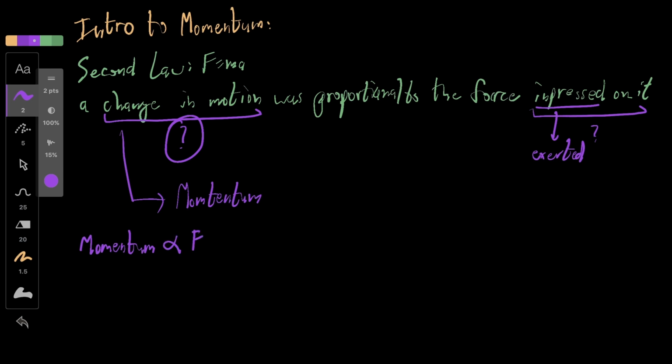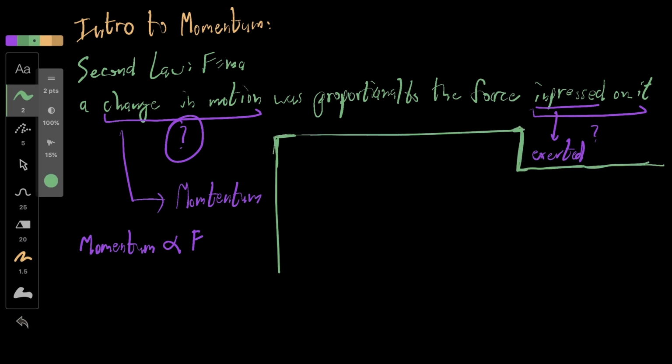So now we know what Newton really meant by the second law and what momentum means to him. But what is momentum in terms of other stuff? We know it's proportional to force, but we don't know anything else. So on to the next major aspect of momentum, what it is in terms of other quantities.